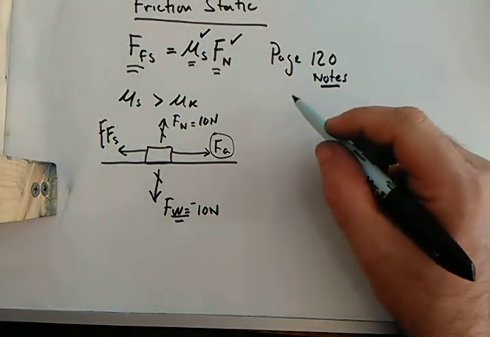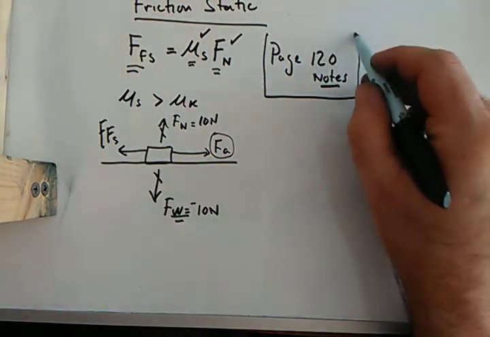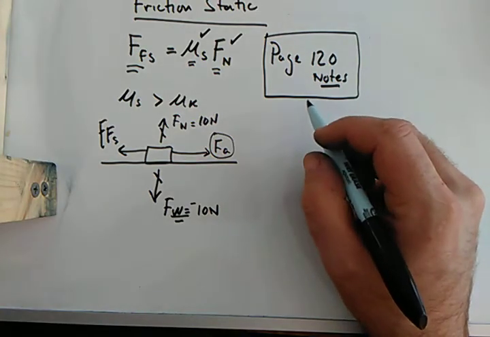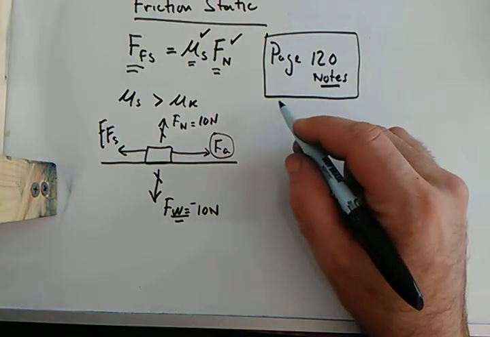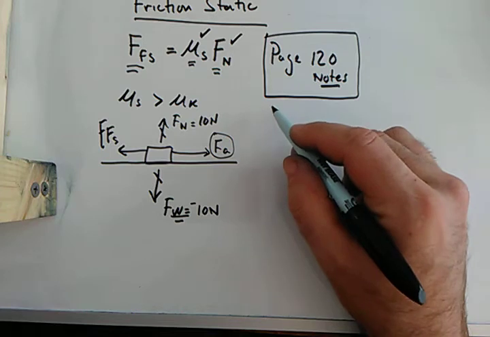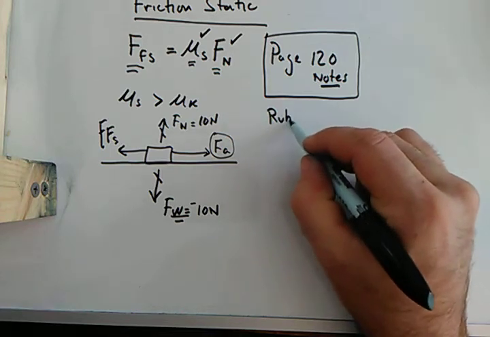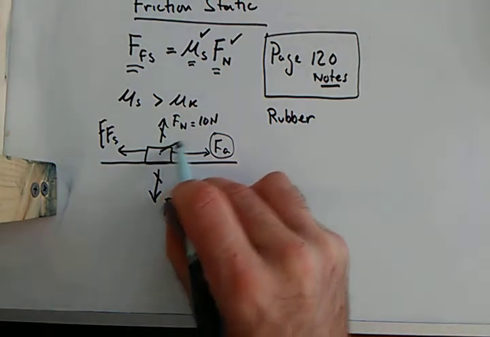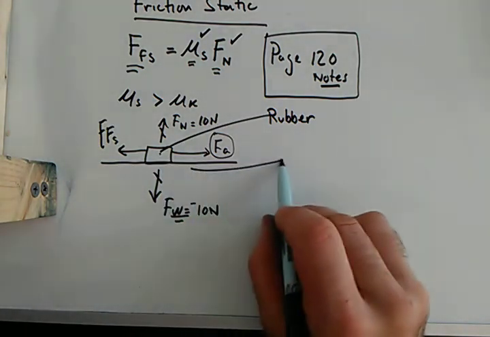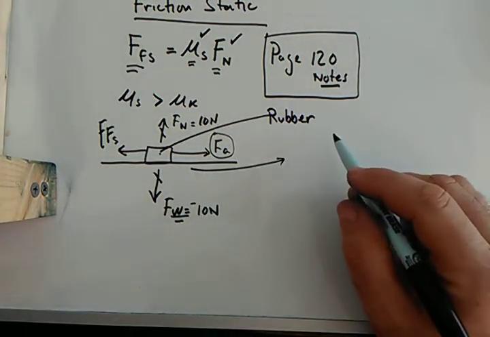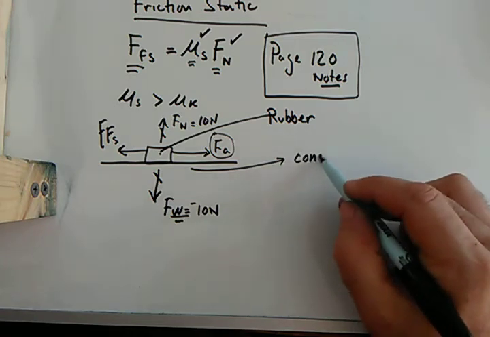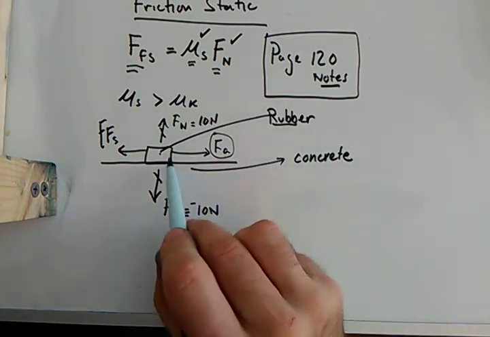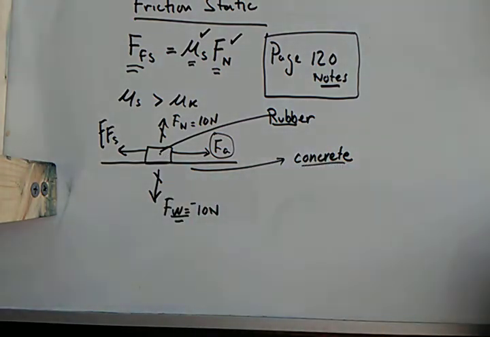So let's just say, if you're looking at page 120 of the notes, that we're looking at rubber. We're going to say that this surface is rubber and this surface is concrete, so we've got a rubber block on concrete.